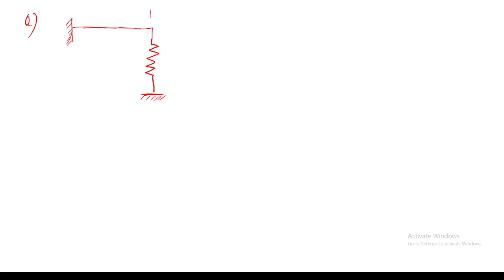Let's say this is w, this is point B, this is point A, its length is L, and this is the spring constant k. So can you draw this free body diagram and say what is the relation between these things?